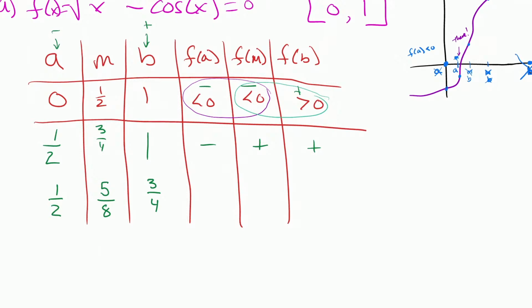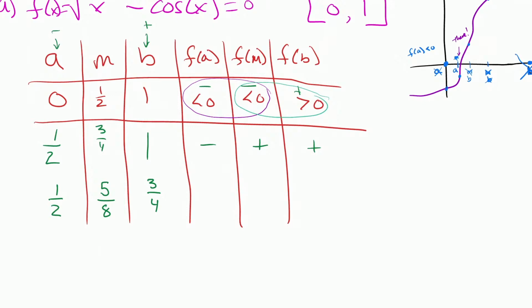It's just because you take whatever the first one is. If the first interval has negative for A, positive for B, then that's the way it's going to be all the way down. If the first interval has positive for A, negative for B, it just means that the function is going the other direction, and you would keep that consistent.